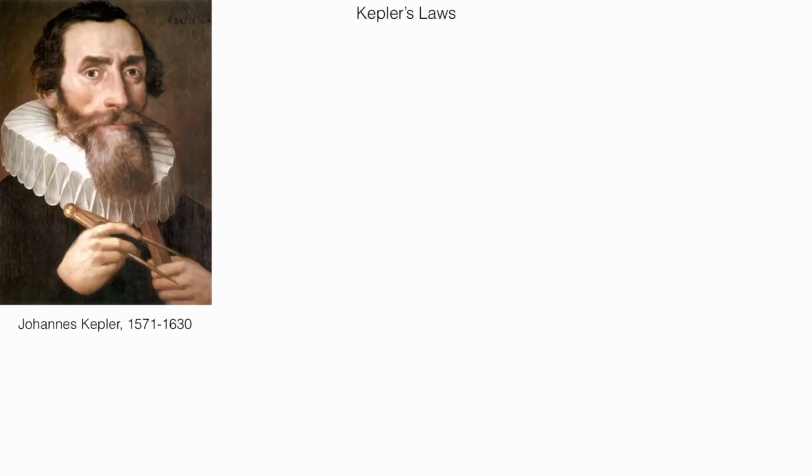Kepler is not working with the benefit of a true understanding of force, energy, none of these things. All Kepler had was tons and tons of data about planetary orbits. If you want a really fun story, you should go check this out, because it's like a soap opera. It involves the death of a king, a theft, the rightful ownership of something, and fleeing the country. But we don't have time. This is not a history class.